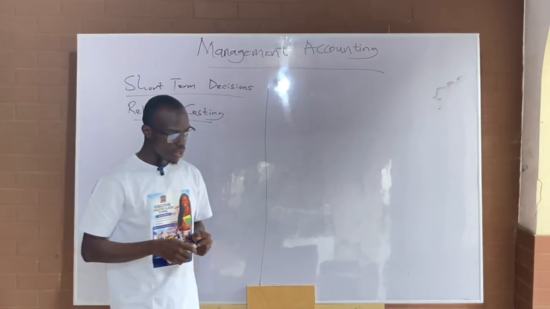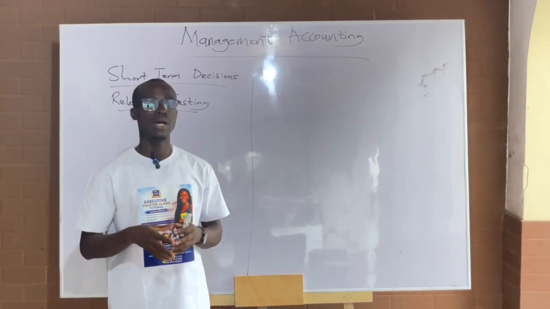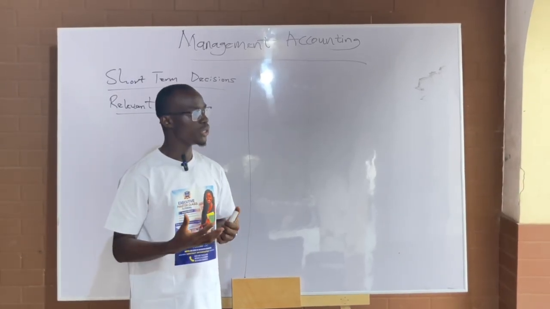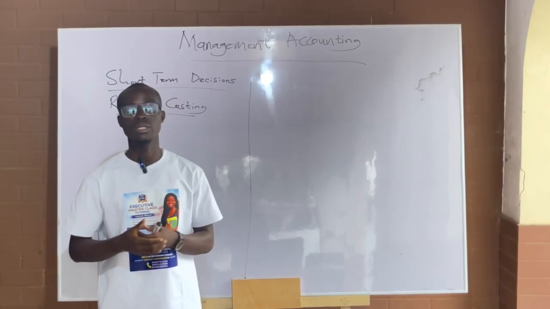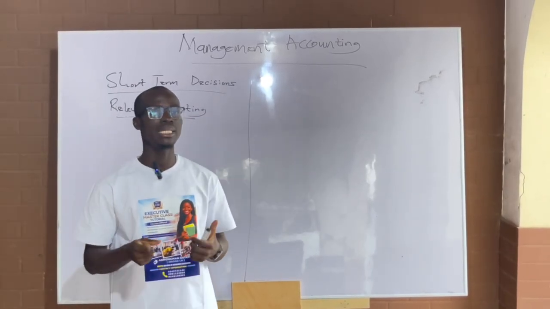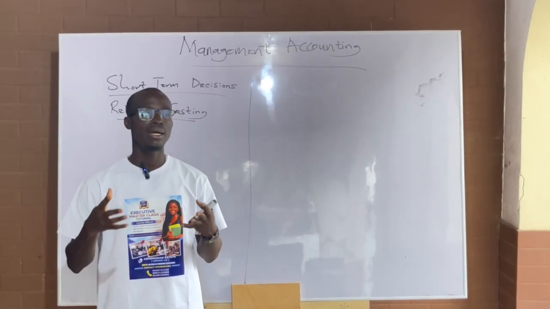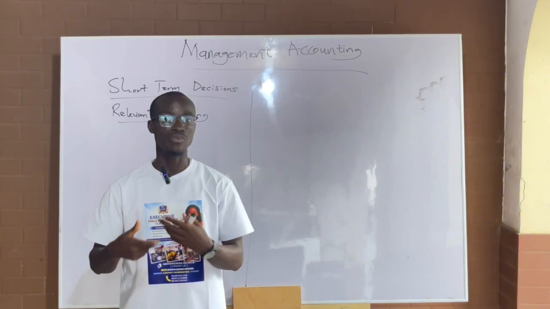Relevant costing is the future cash flows that we are going to incur based on the direct decisions that we are going to make. So any additional cost, or any cash flow that we are going to get as a business because of our operations.